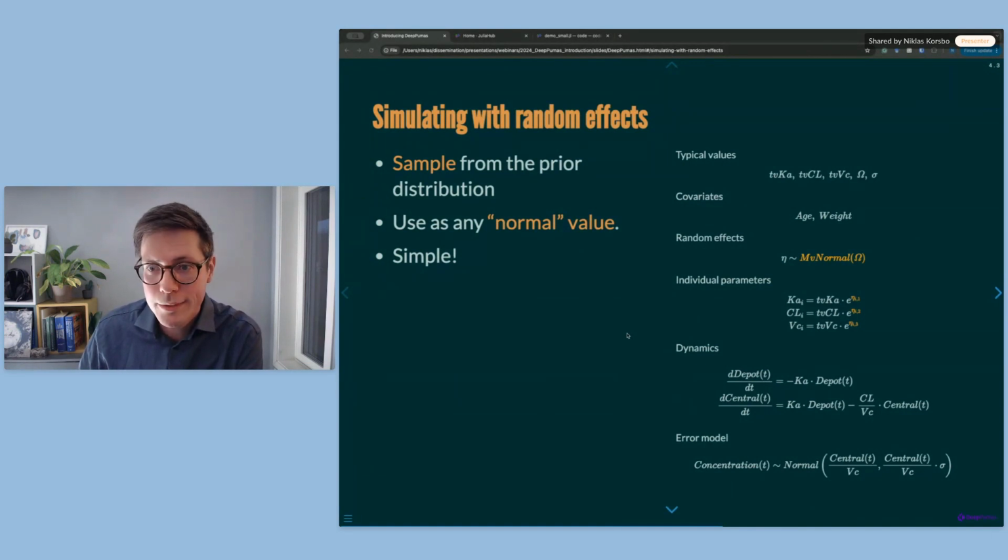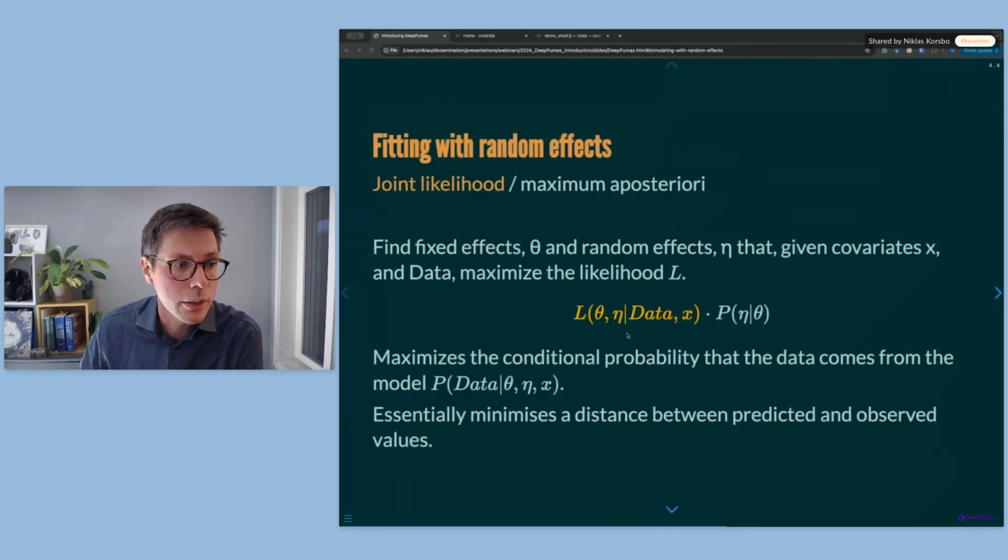But the tricky and important part, and why we use them at all, is not really in the simulation, but rather in the fitting. So how do we fit something with a random effect? That's the harder bit.